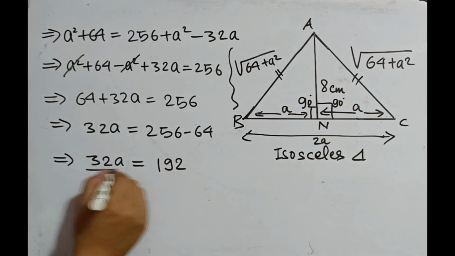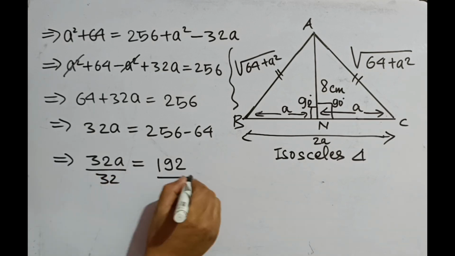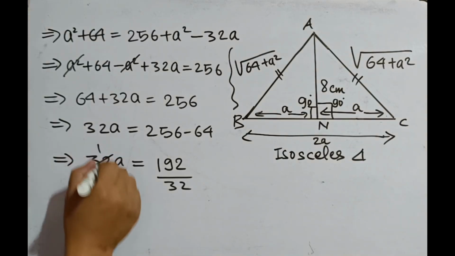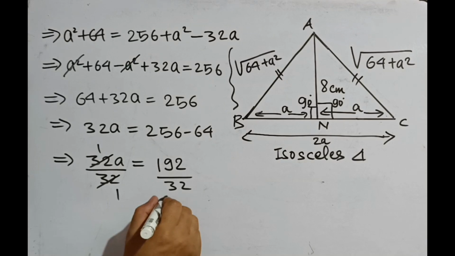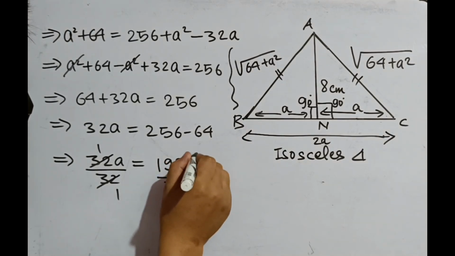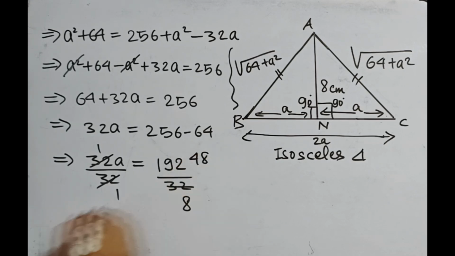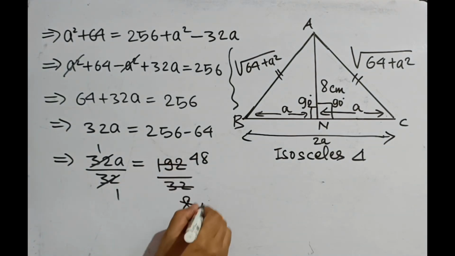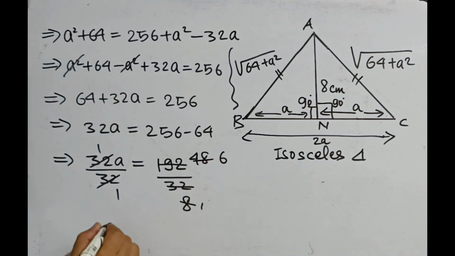And now to calculate the value of a, we can divide both sides by 32. On the left hand side we can cancel 32 with 32. On the right hand side, 32 ones are 32, 32 sixes are 192.